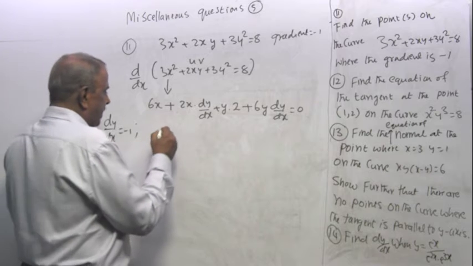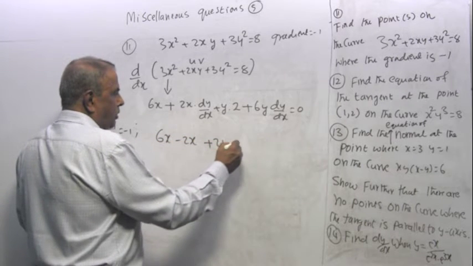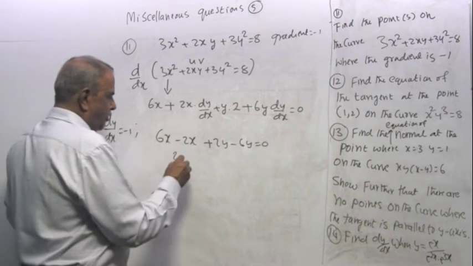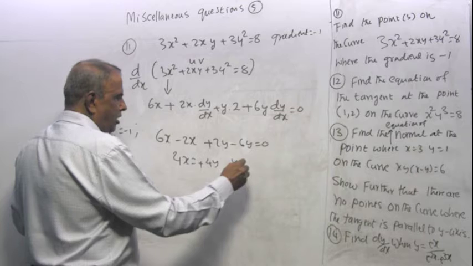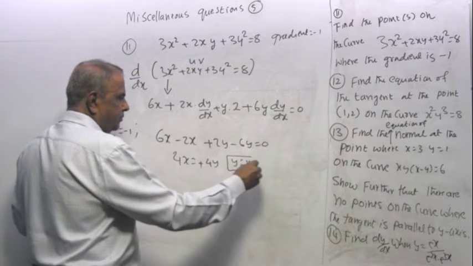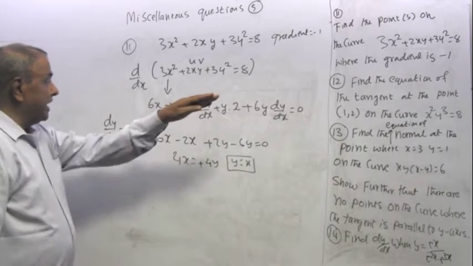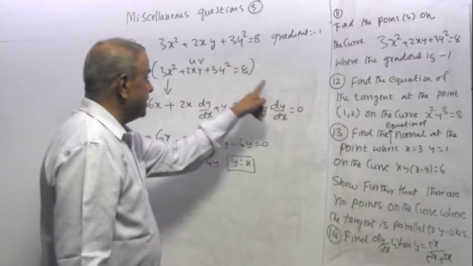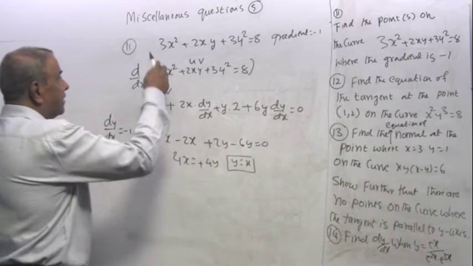Put minus 1, I get 6x minus 2x plus 2y minus 6y equals 0. So 4x is equal to 4y, or y equal to x. You understand that? I'm not saying dy by dx is 0. I'm putting dy by dx here, but when you differentiate 8, you get 0. So from there, I got a link between y and x.